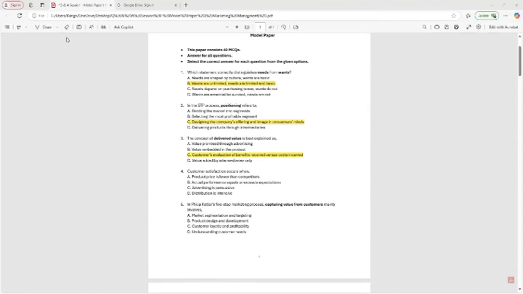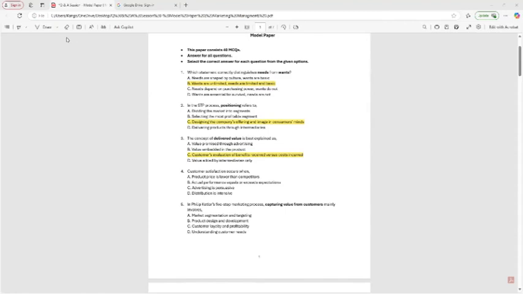In the very next slide, you can see customer satisfaction. What is customer satisfaction? Performance equal to expectation is satisfaction, or performance exceeding the expectation is delight. In both of these sections, the customer is satisfied.